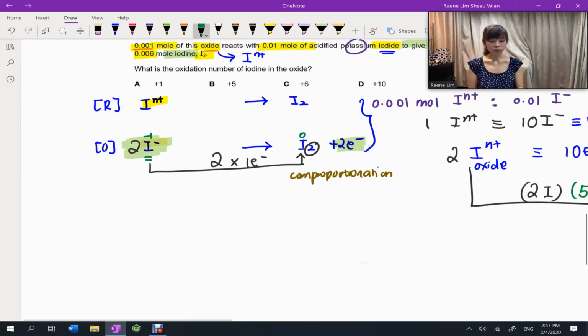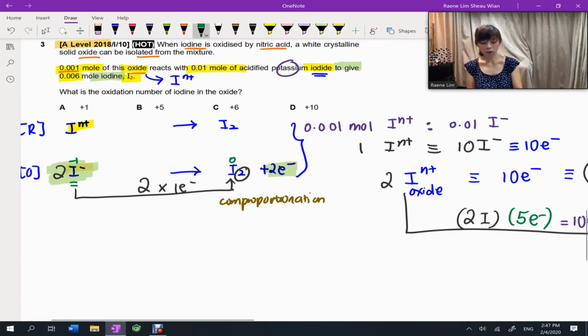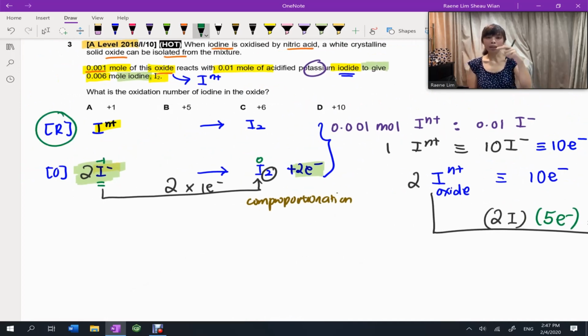So 5 electrons means that your oxidation number, because this is reduction, must reduce by 5 units. From something to 0 per iodine, because each iodine can only use 5 electrons.